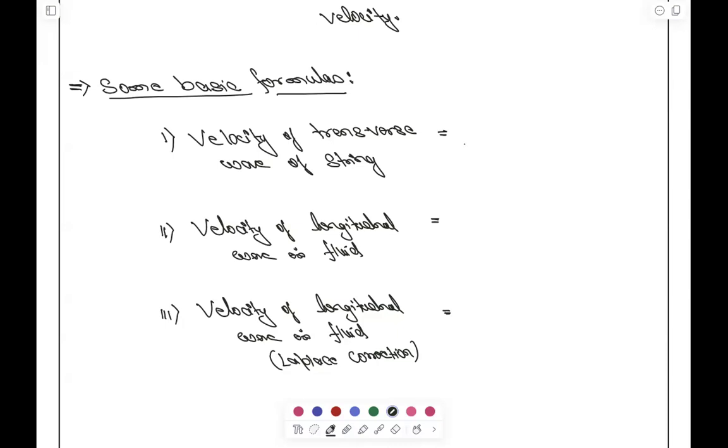So it is speed of wave, it is equals to root T by mu, ठीक है, where T is tension in the string, mu is uniform linear mass density.